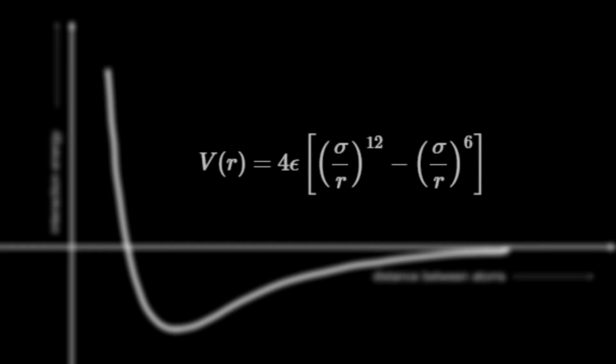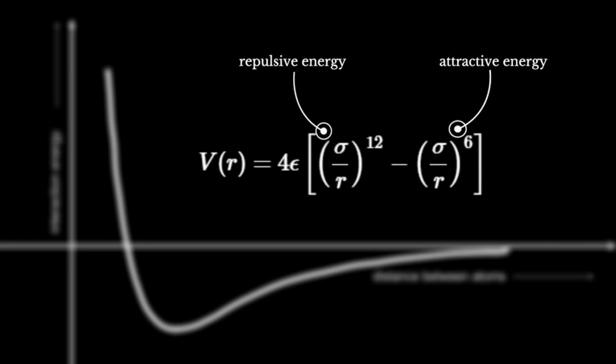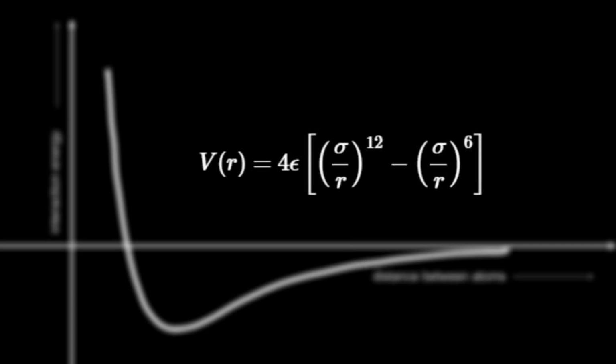This graph can also be depicted using a mathematical equation that defines the attractive as well as the repulsive energies with respect to the distance between the interacting atoms. This equation is called the Lennard-Jones equation, which gives the idea about the energy between the atoms when one varies the distance between them.